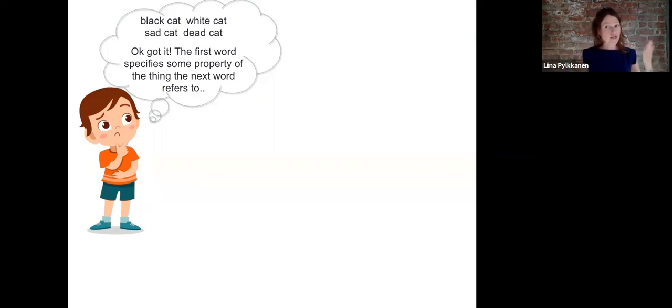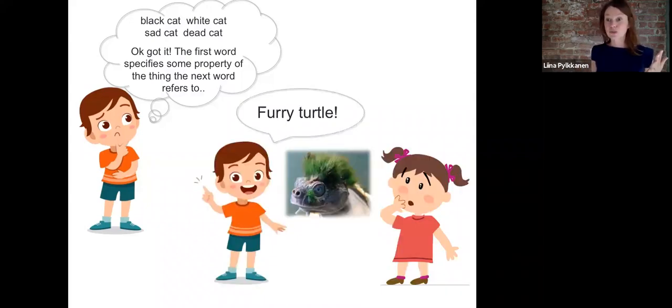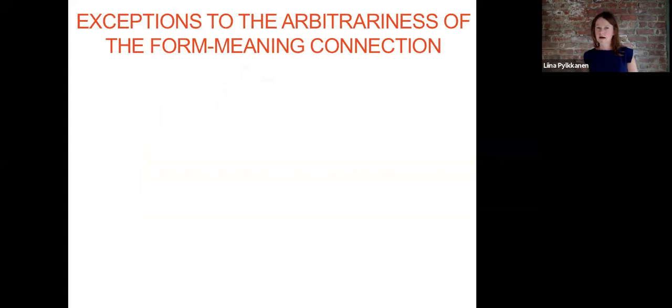And once you have that piece of knowledge, you can talk about anything. So you can have a crazy dream about furry turtles and tell your friend about that. And as long as your friend has computed that same generalization, you can communicate about it. But the furry and the turtle parts do need to be memorized, and those are arbitrary.